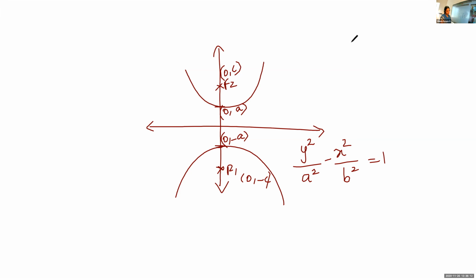The y-axis is the transverse axis and the x-axis is the conjugate axis. The remaining is all the same. Length of the transverse axis is always 2a. Length of the conjugate axis is 2b.